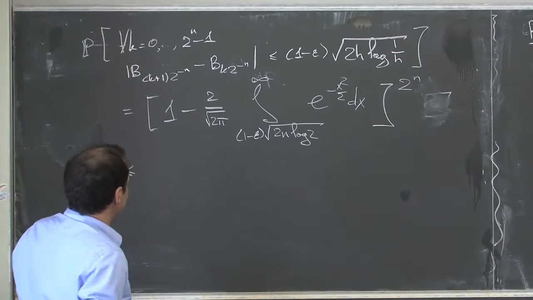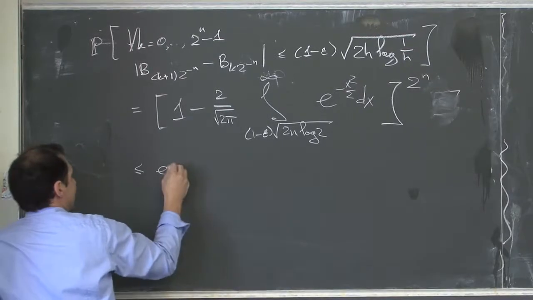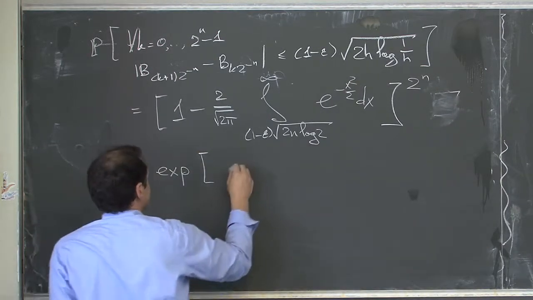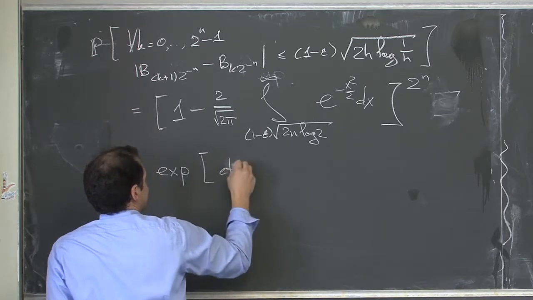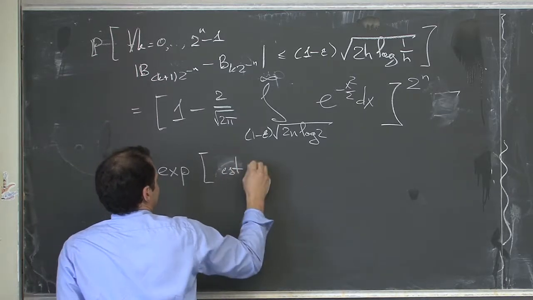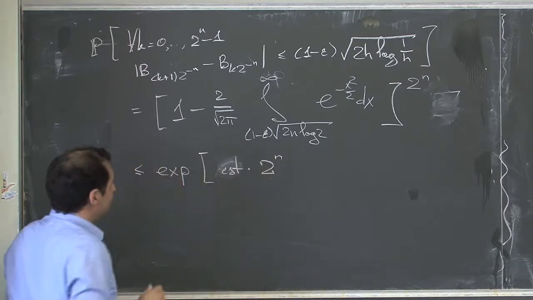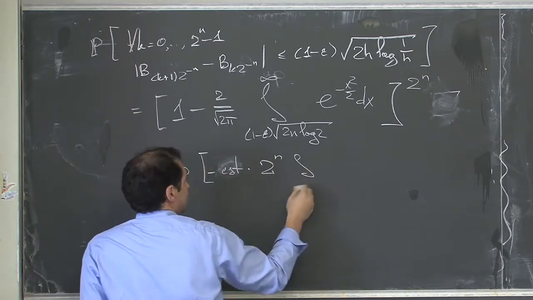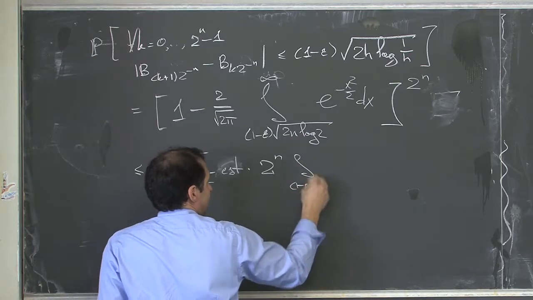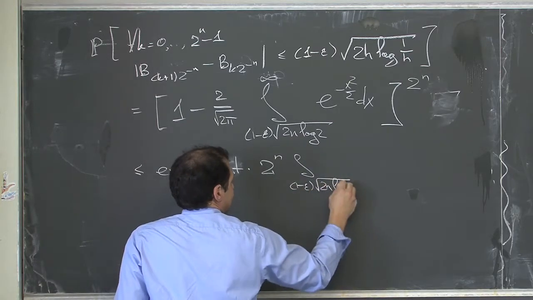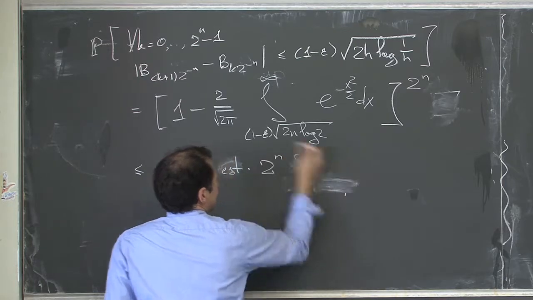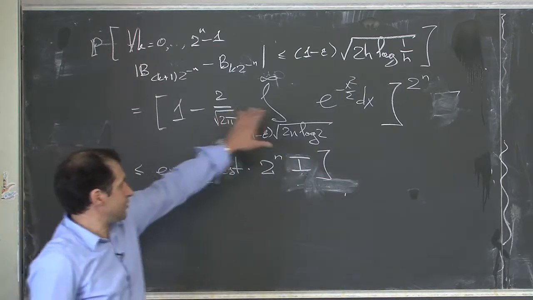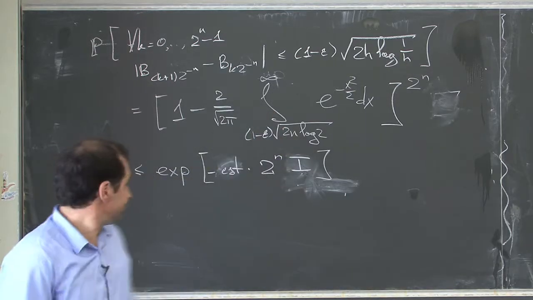To get some estimate from above, I think I can just say this is less than an exponential of some constant to 2 to the power n minus this integral. Let me denote it somehow, I. And I is just this integral.